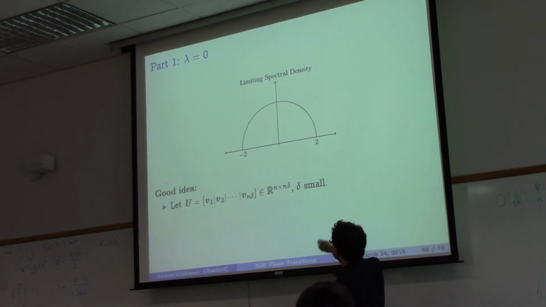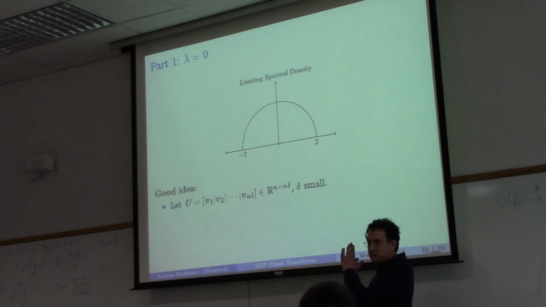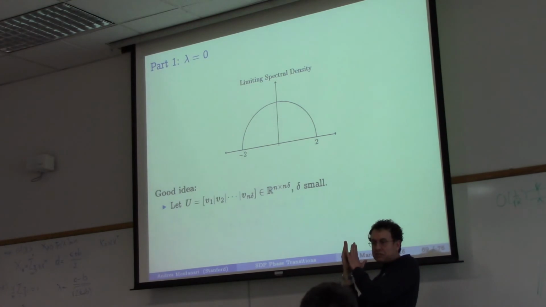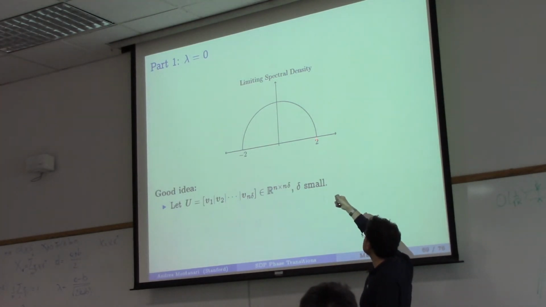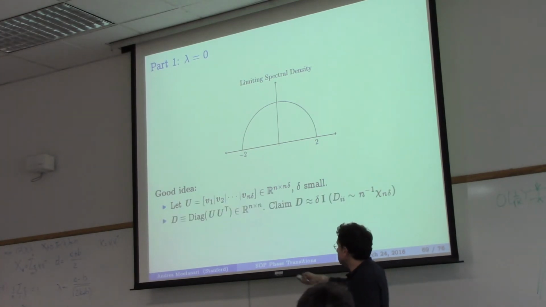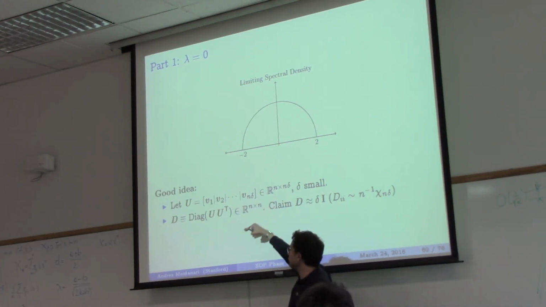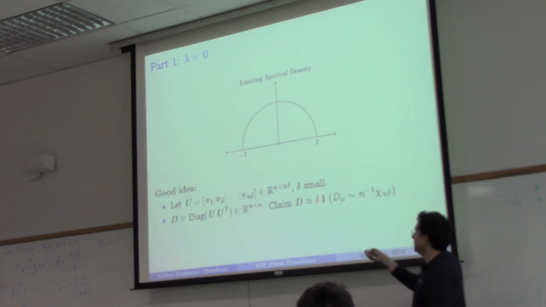So what do you do? Well, the idea is the following. I take n times delta, say, eigenvectors of this matrix, the leading n times delta eigenvectors, and I form a very skinny matrix U with these eigenvectors. All these eigenvectors have very good value, right? Because there are n times delta eigenvectors that have eigenvalue at least 2 minus epsilon, so I lose only epsilon in the value if I go up to delta. But what is nice about this matrix is that if I compute the norm of each of the rows of this matrix, so I take U U transpose and its diagonal, this is basically the identity.